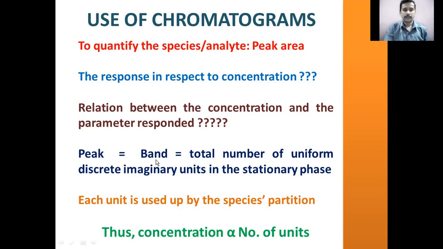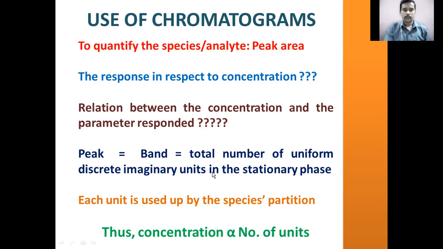So consider each and every individual band in the chromatographic column with respect to an individual solute. This band is made up of a certain number of discrete imaginary units in the stationary phase, because when the solute is moving down the column, it will be partitioning according to the equilibrium principle, between the stationary and mobile phase.